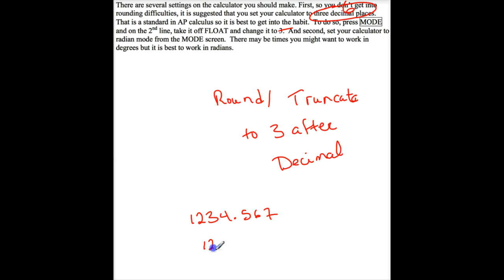So if I have something like this is what pops out of my calculator, I go 1, 2, 3, and I truncate. Truncating is perfectly fine. If you round incorrectly, then you lose your point. So I recommend you not round. I recommend you truncate. Another thing, you also want to make sure you're in radians.